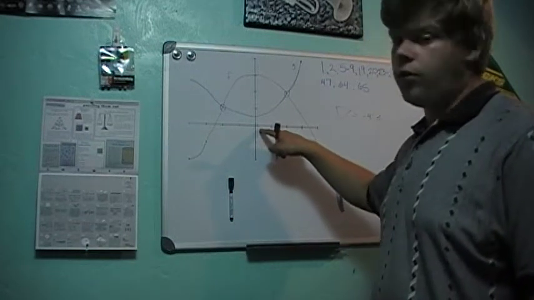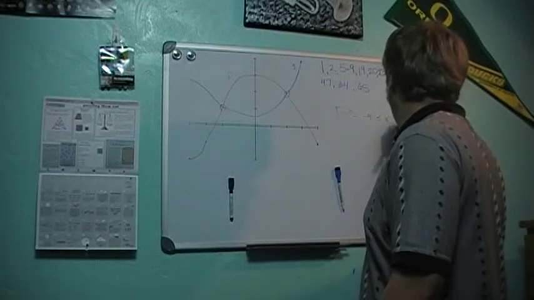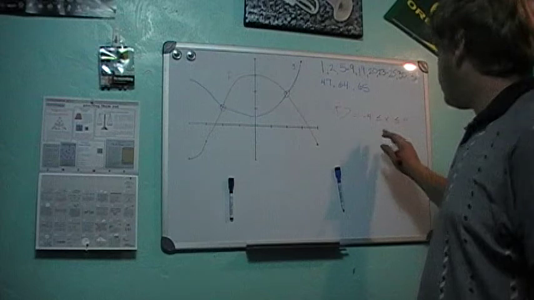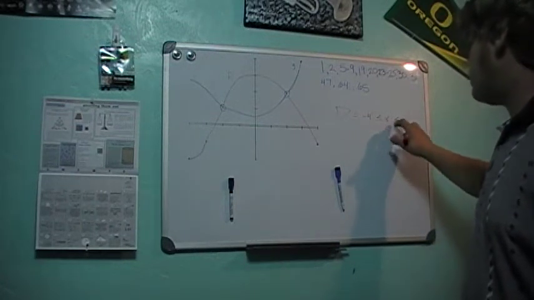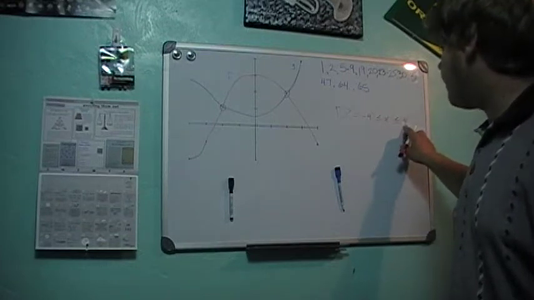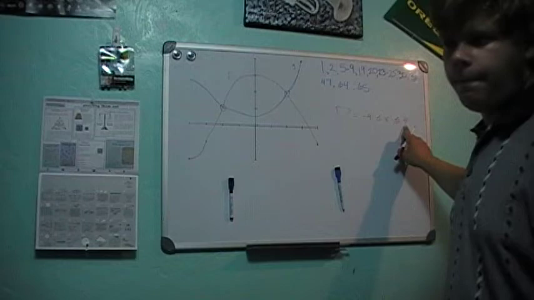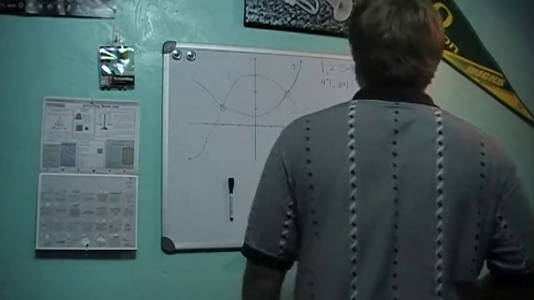And how far to the right does it go? 1, 2, 3, 4. All the way to 4. So what I wrote here, I don't know if you can see it, is -4 is less than or equal to x, which is less than or equal to 4. Okay, that will do it for 2.